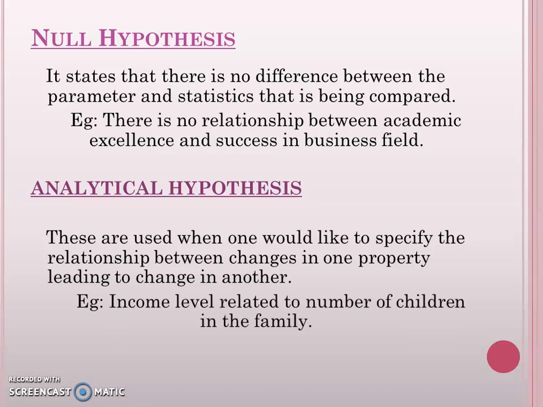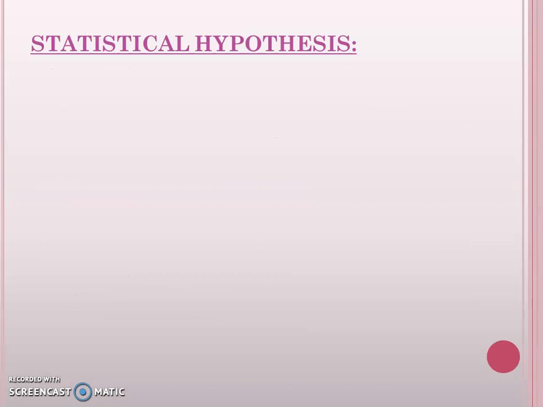An example is income level related to the number of children in the family. Here we are analyzing whether the number of children in the family affects the income level of a family. So as one variable increases, whether that affects the other variable. That is what we are analyzing here.